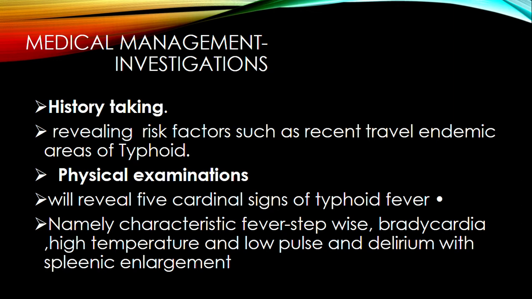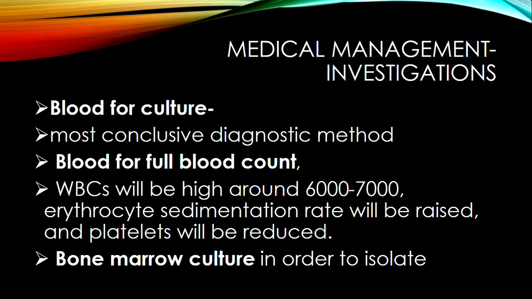Then the physical examination should reveal some signs and symptoms, such as the patient guarding the abdomen due to the pain that they are having. So during the physical examination, you should be able to notice some signs and symptoms, while during history taking, you should be able to see if the person is at risk of having typhoid fever.